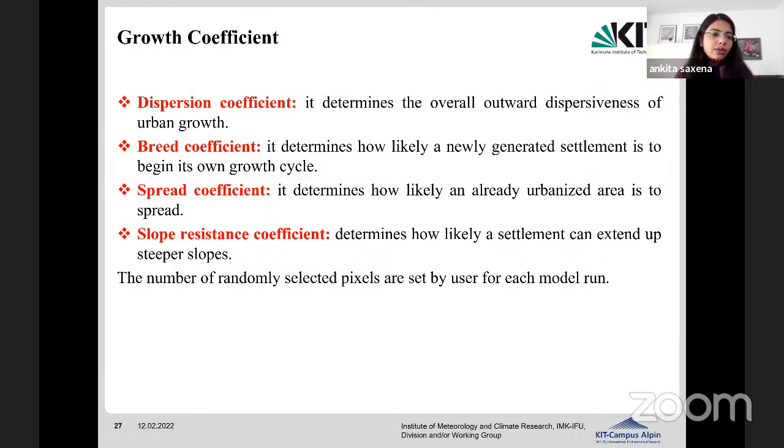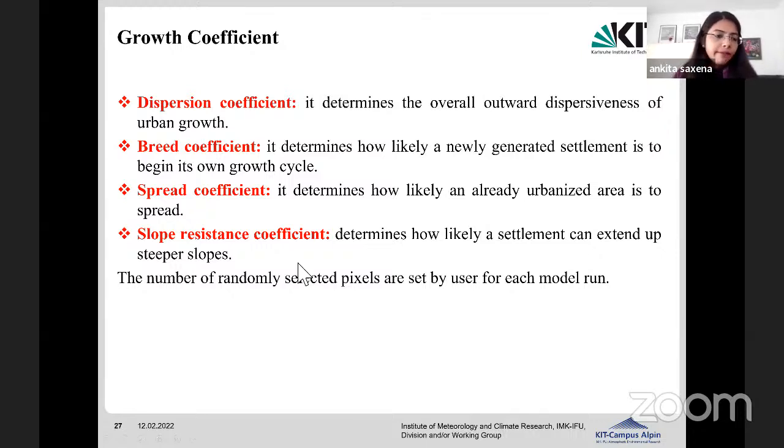So for controlling those growths, we have these controlling parameters in the form of numbers, which give us some kind of probabilities, and which are being calibrated in different cycles, different Monte Carlo simulations. So the idea is to obtain the optimum values for these 5 coefficients by performing calibration in multiple phases.